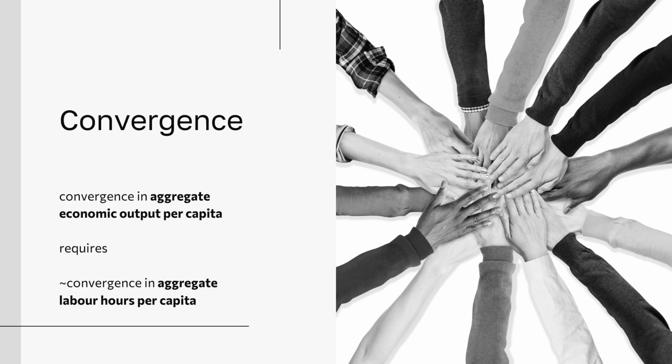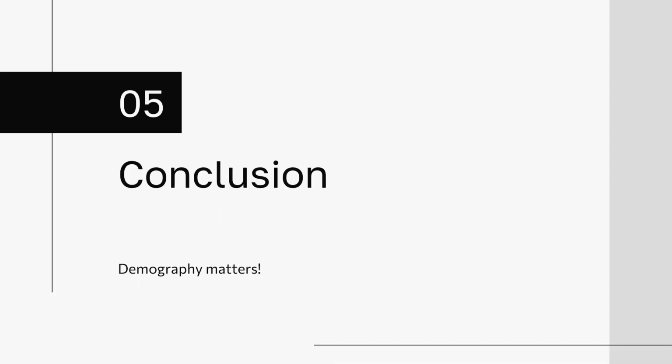Because effectively, in order for you to have convergence in aggregate economic output per capita, you must have, to a certain degree, convergence in aggregate labor hours per capita, right? And so that's where much of the divergence we observe in the world, past, present, and future, can be explained by these demographic variations.